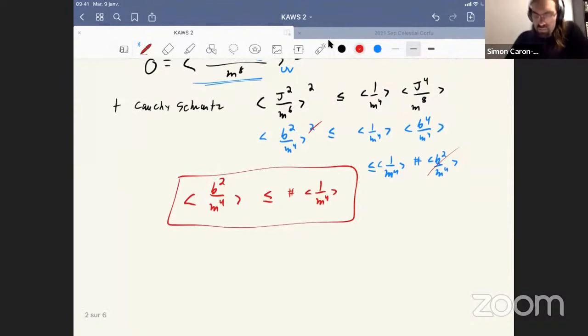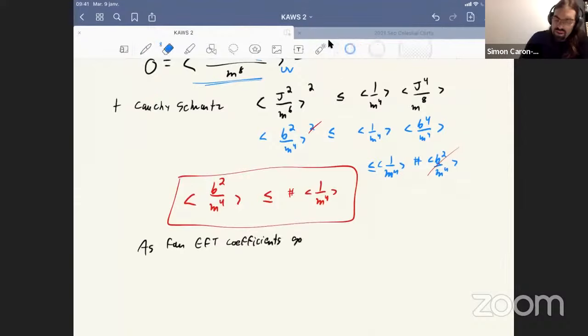That's going to be a very powerful relation. It means that as far as EFT coefficients go, heavy states have size less than the cutoff.